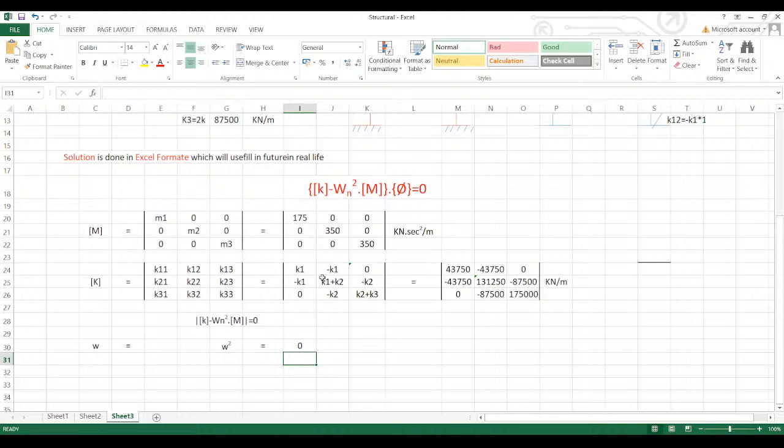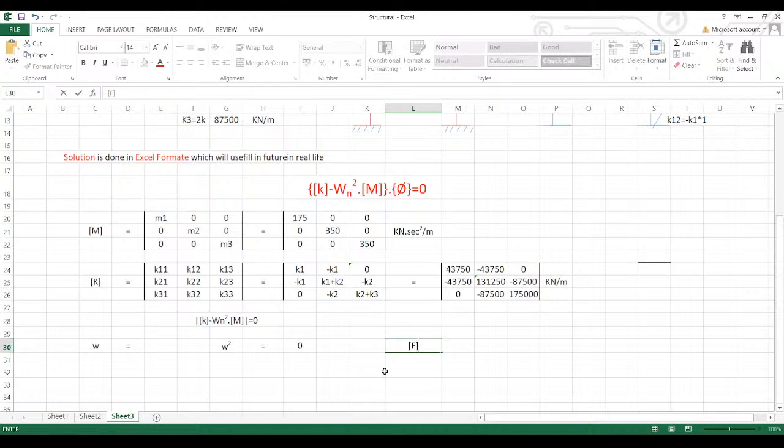We have the K matrix here, and omega, that is this. Assume here I am assuming omega is equal to some value. Right, now again we have to find. First of all we have to let this be omega square, and this the M matrix I have. Now we have to find, suppose let F matrix.